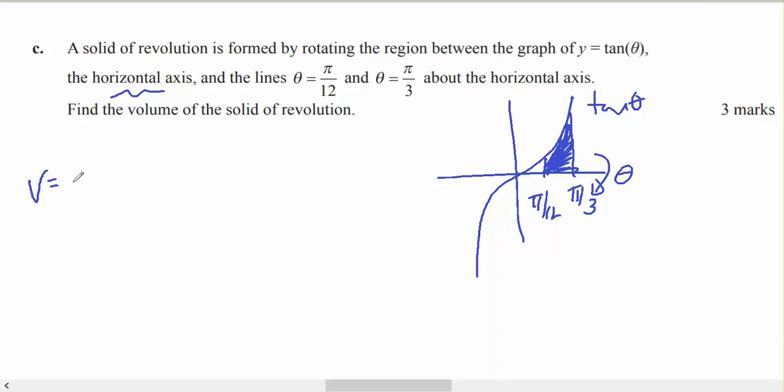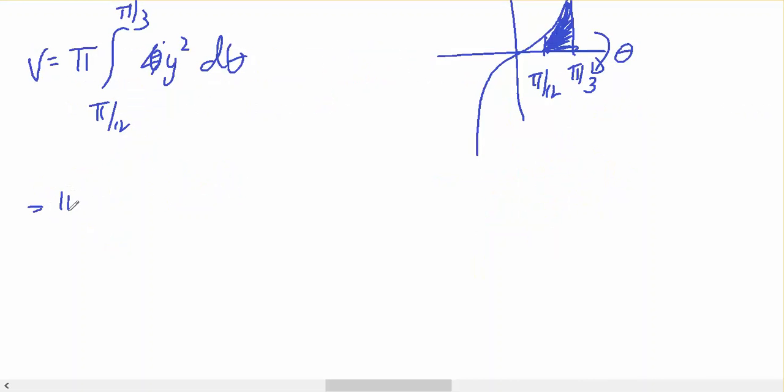So the volume is going to equal pi times the integral from pi on 12 to pi on 3 of y squared d theta, which will be pi on 12 to pi on 3 of tan squared theta d theta.